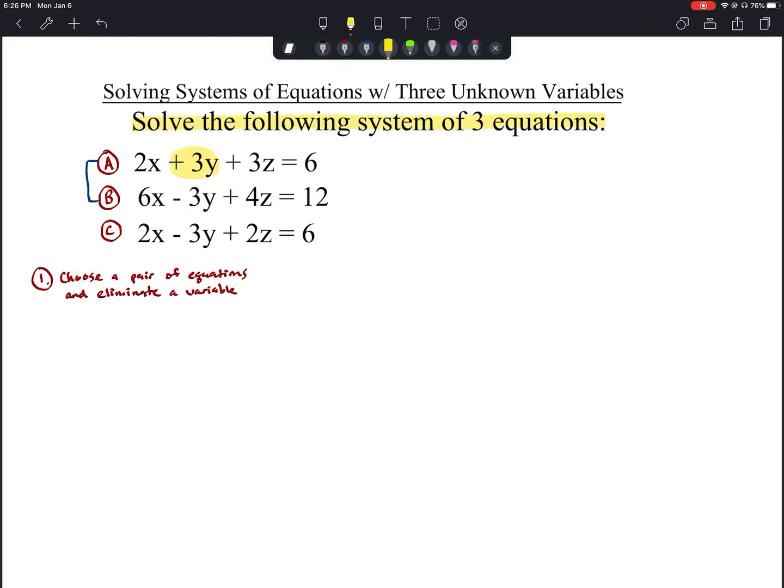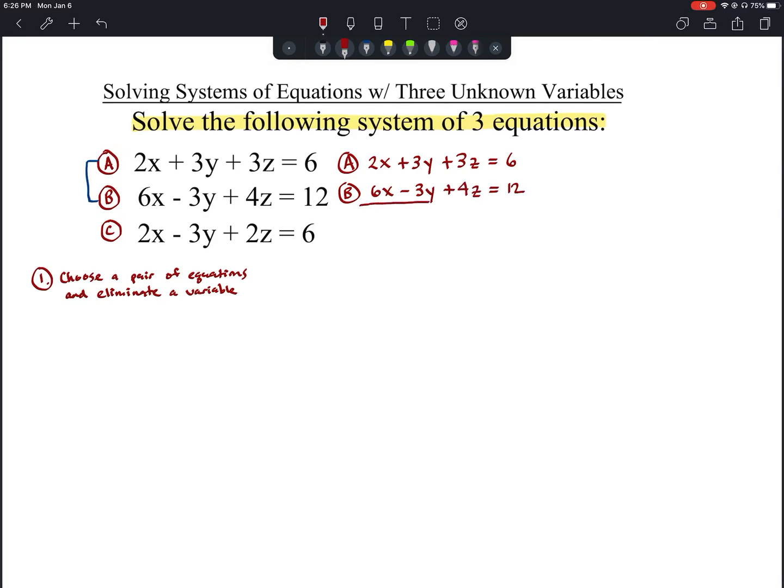So let's do that here. I'm going to recopy my two equations, A and B. I've got 2x plus 3y plus 3z is equal to 6. I've got 6x minus 3y plus 4z is equal to 12.